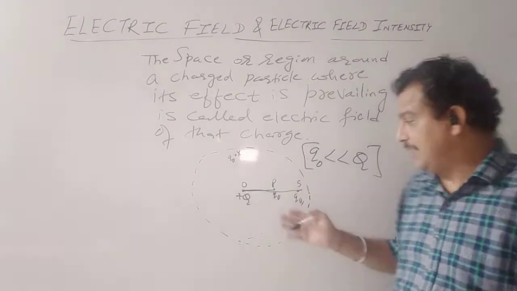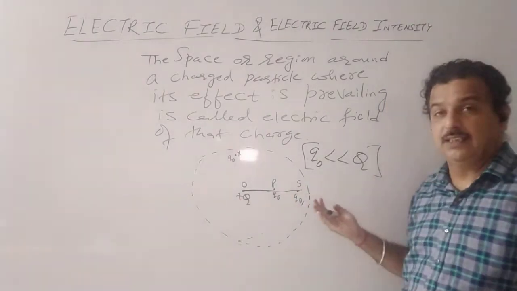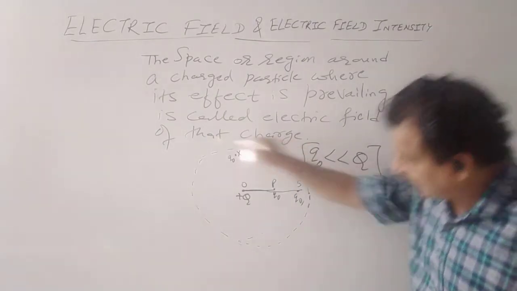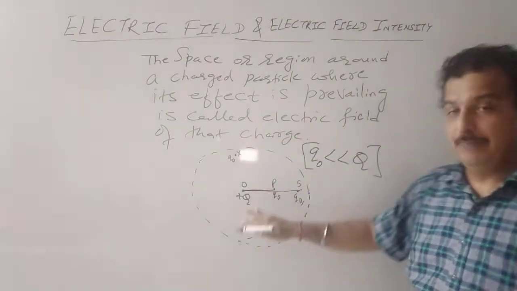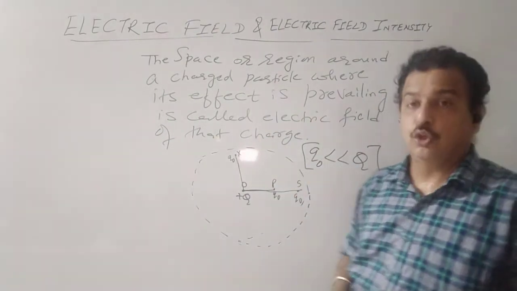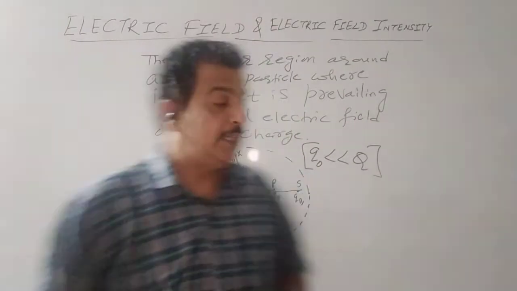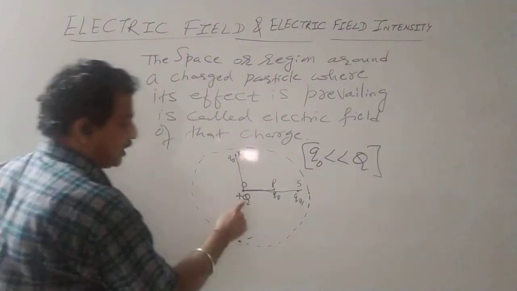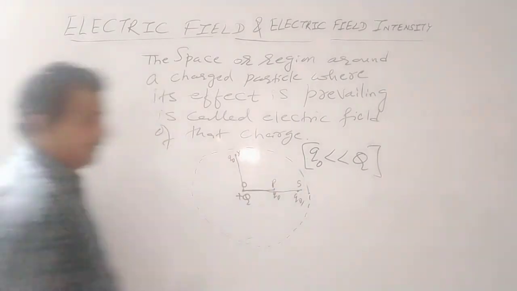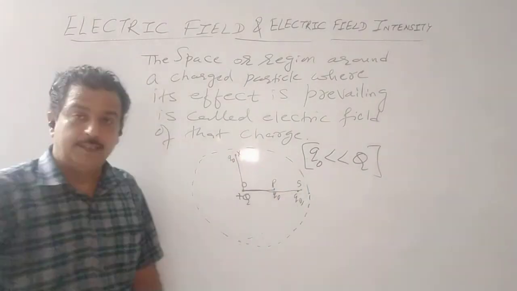Also by common sense, if I am moving away from it, its effect will keep on reducing. And this dotted line is its limit. At X point the distance is different. So I will say the effect of plus q charge at points P, X, S is different.